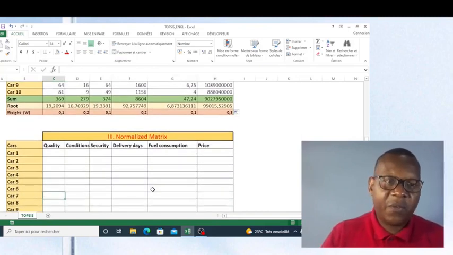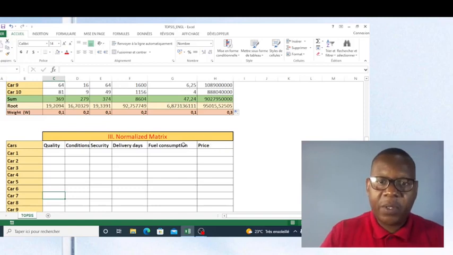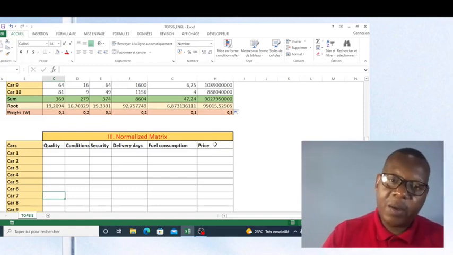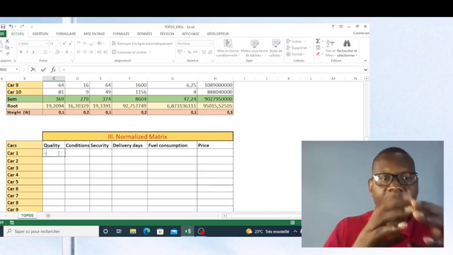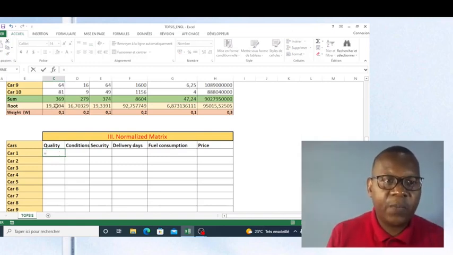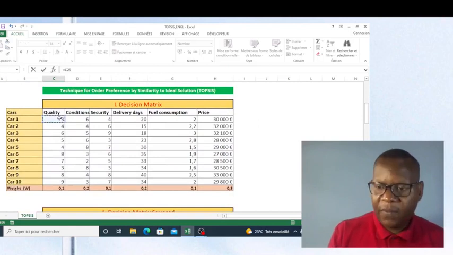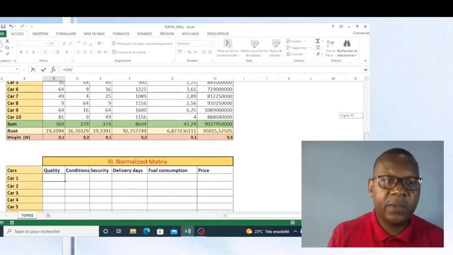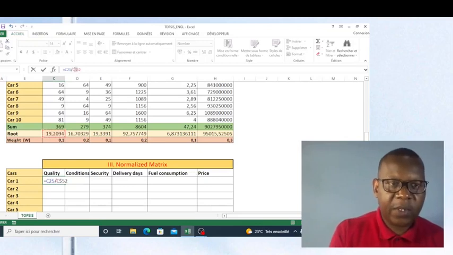You see we have different measures: days, and price in euro, dollar, or other currencies. For the normalization, I consider each value of our decision matrix and divide it by the root we have calculated for each criterion. I take this value and divide it by the root I have calculated for quality. I add the dollar symbol so as to copy the formula.